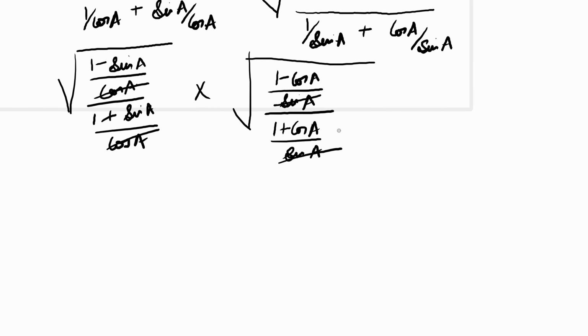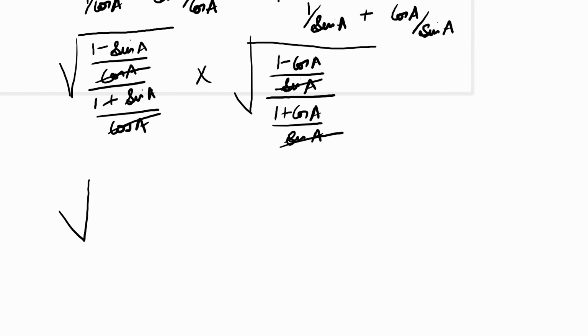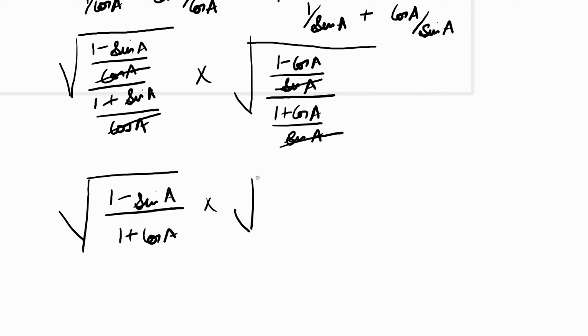Okay. Now what will happen? It will become something like this: 1 minus sin A upon 1 plus sin A multiplied by 1 minus cos A upon 1 plus cos A. Just a minute.